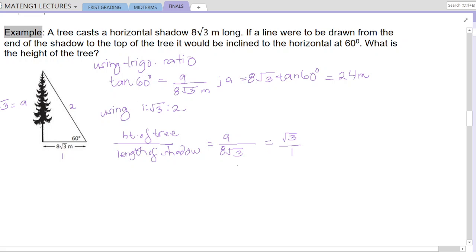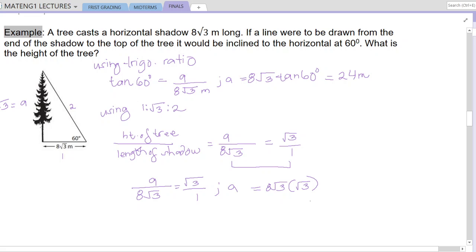Having that, we equate the two by cross multiplying: A divided by 8 square root of 3 is equal to square root of 3 is to 1. So the height of the tree, A, is equal to 8 square root of 3 multiplied by square root of 3.